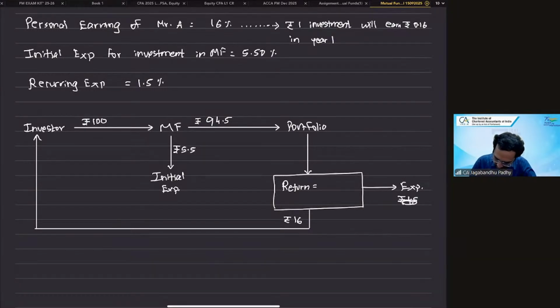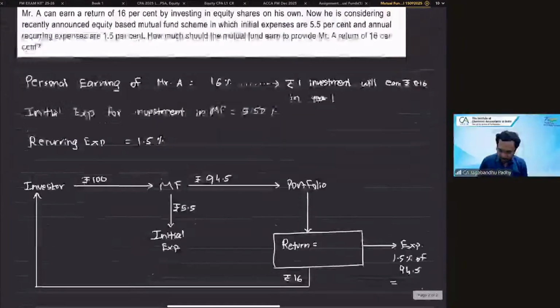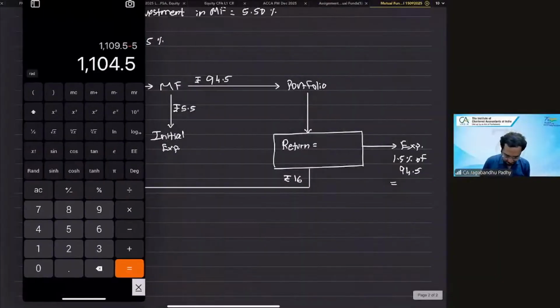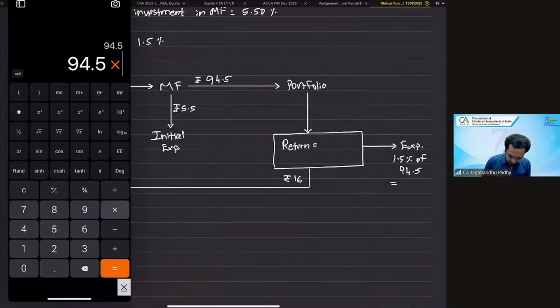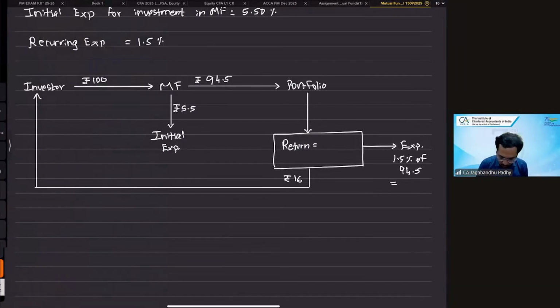The expenditure of 1.5% is not 1.5% of 100 rupees. Whatever you have invested, it is going to be that percentage of that. So 1.5% of 94.5. How much is the expenditure the mutual fund is having? 94.5 into 1.5% is 1.4175.